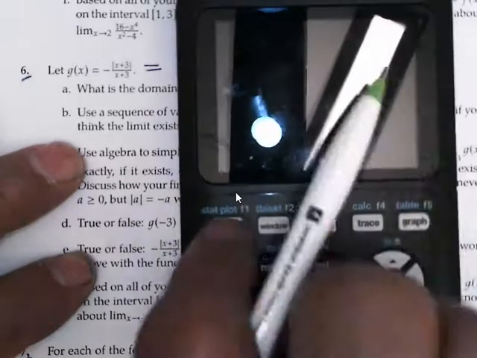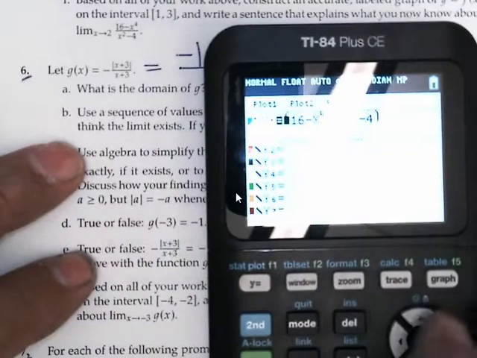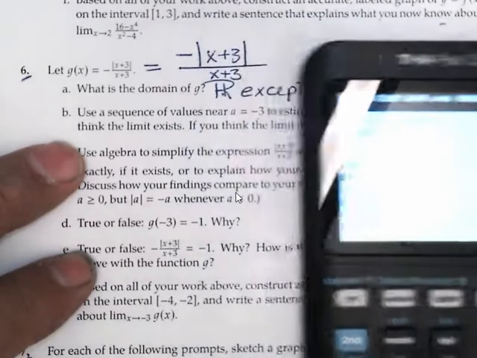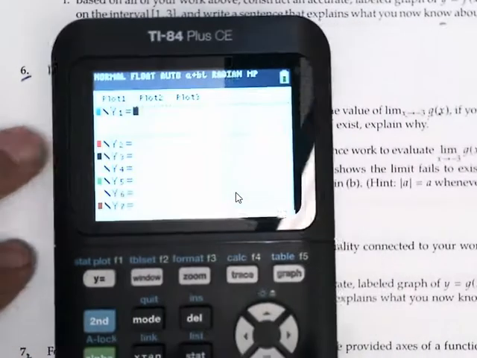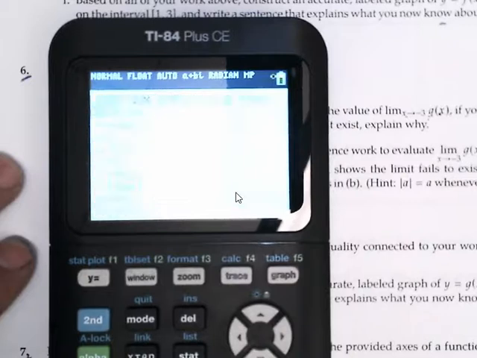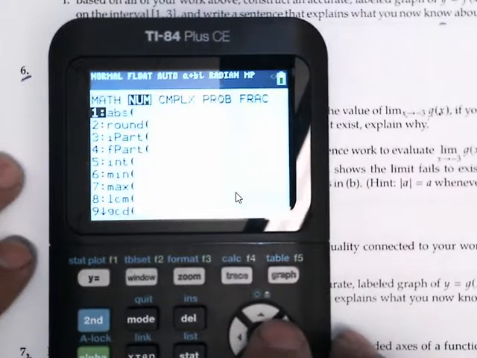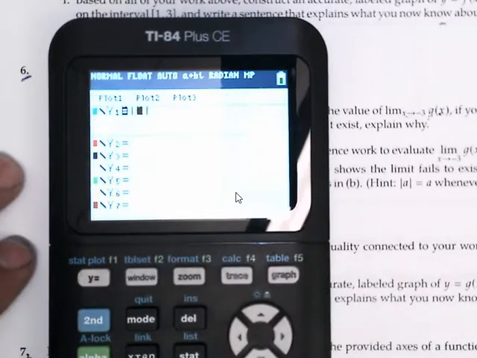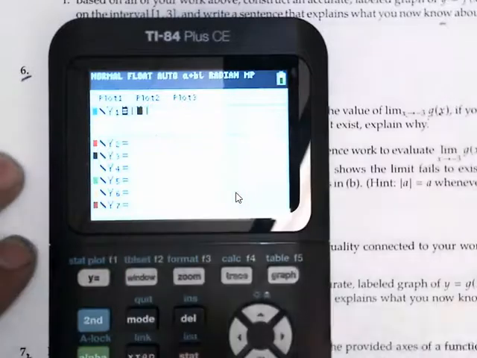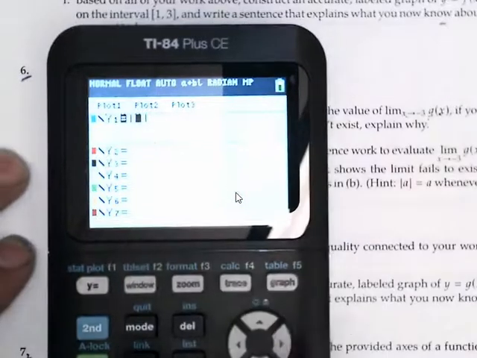So we go to our calculator and we type in this equation, and on the older calculators it would be ABS. On the new calculators it actually does a nice thing: math, number, absolute value. On the old calculators it would write ABS parenthesis, and you would type the stuff in and close the parenthesis.